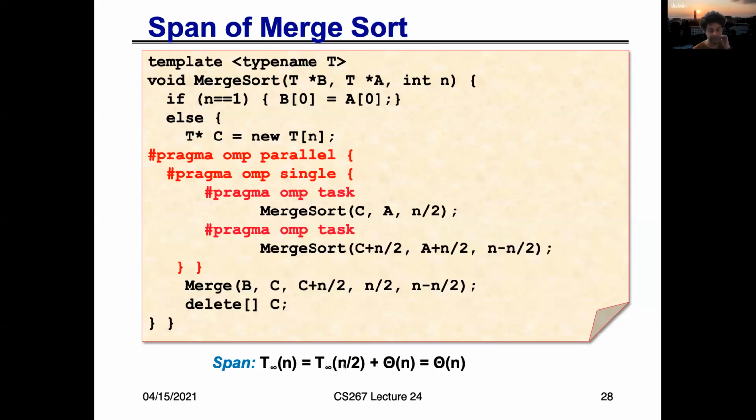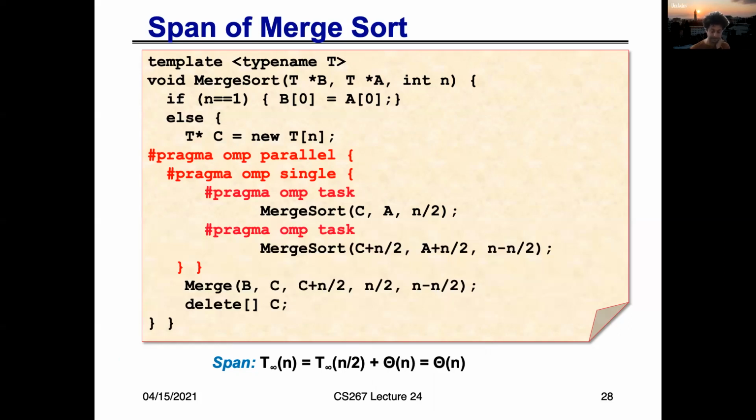You're basically creating 2 subproblems, and you're just dedicating half of your infinite processors to one of them, right? So the factor 2 doesn't come into play, but the cost of merging is still order n because we haven't parallelized the merge. So what does this solve into? Well, the cost of merging will dominate and it's going to solve to order n.